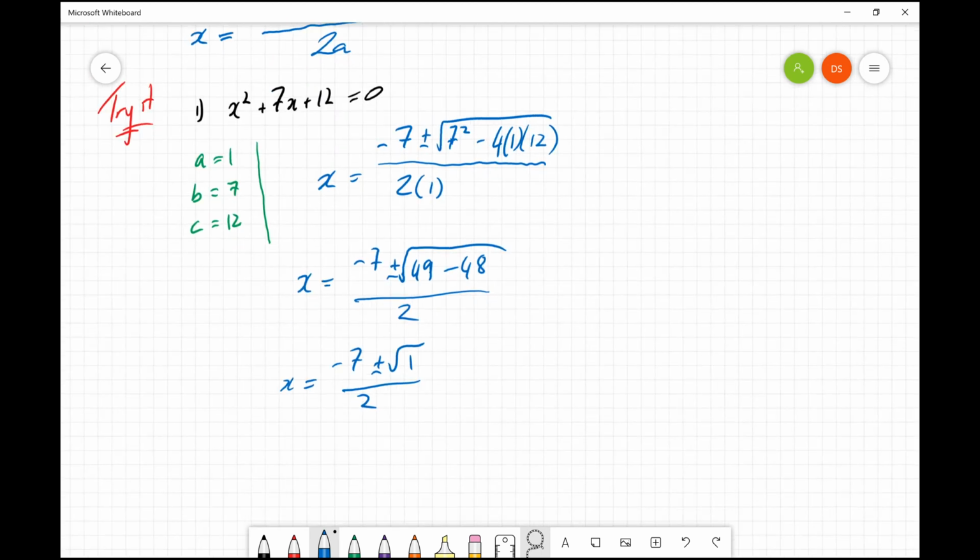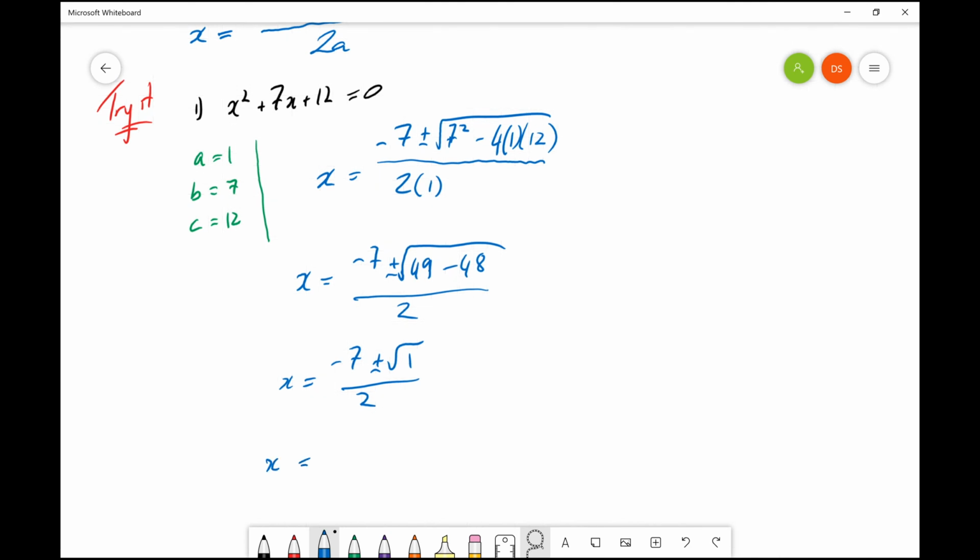And so if I then write this in two separate bits, I get x is negative 7 minus 1 over 2, or negative 7 plus 1 over 2.